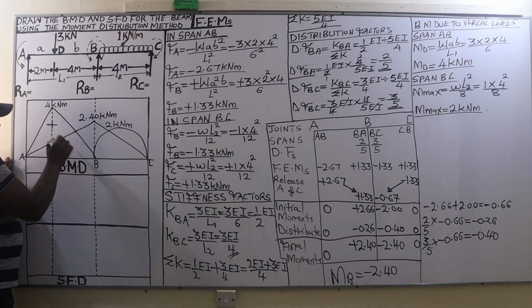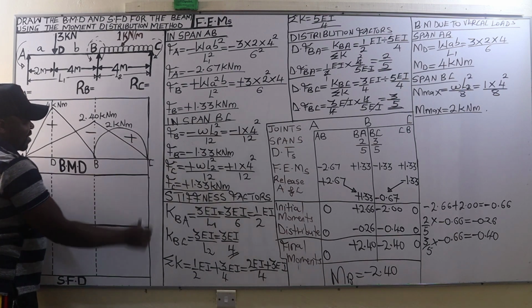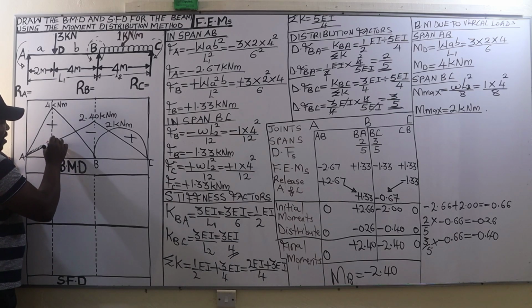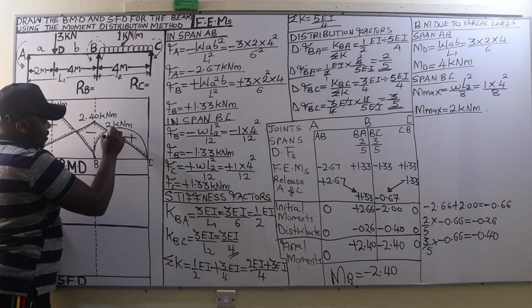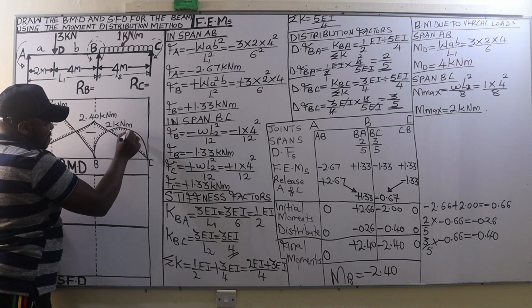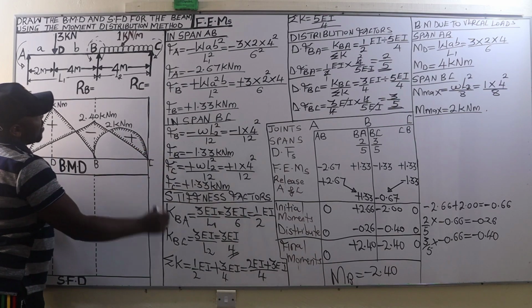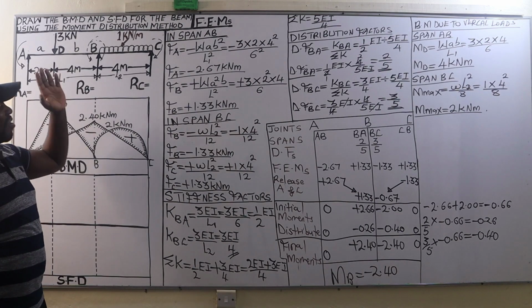This is a positive bending moment, this is a negative bending moment, and this one a positive bending moment. Now to complete our bending moment diagram, we shade its outline so that it becomes clear and visible. And so guys, that's how we usually plot the bending moment diagram for such a continuous beam using the moment distribution method.